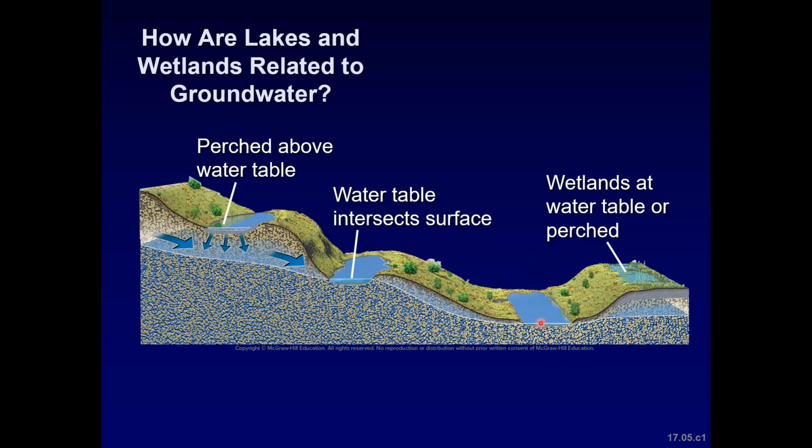Wetlands can be at the water table or perched. Kind of depends on, say, the supply of precipitation as well. We can call this a topographic bench and this a valley bottom.